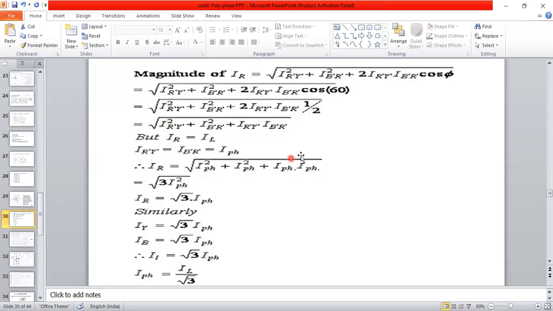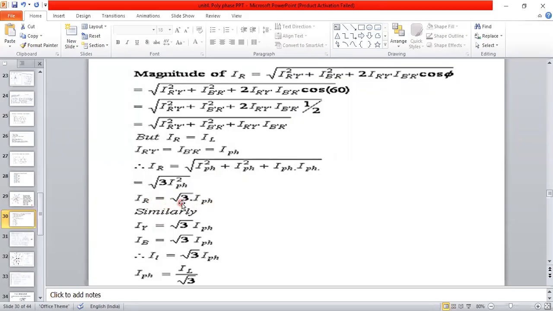So IPH into IPH is IPH square. IPH square plus IPH square plus IPH square, so 3 IPH squares. The square root of 3 I keep as it is, with IPH.